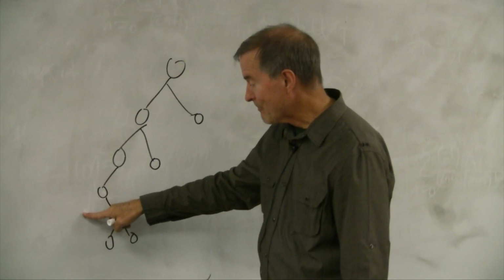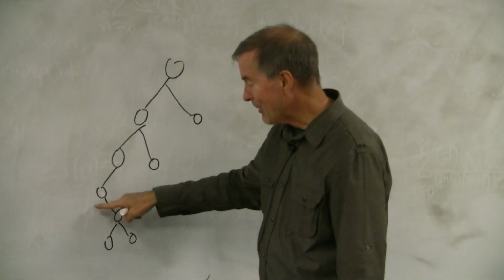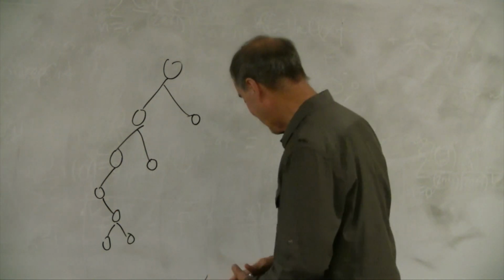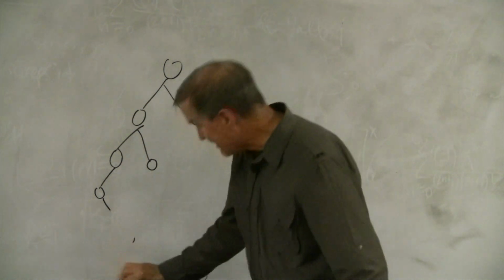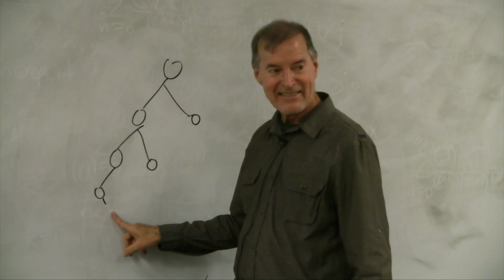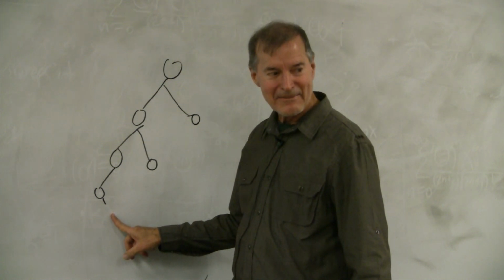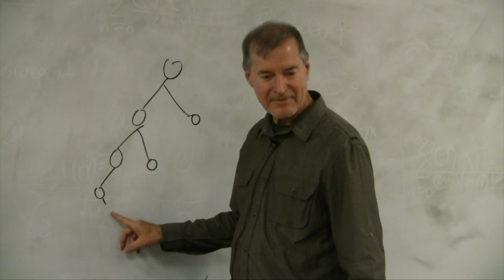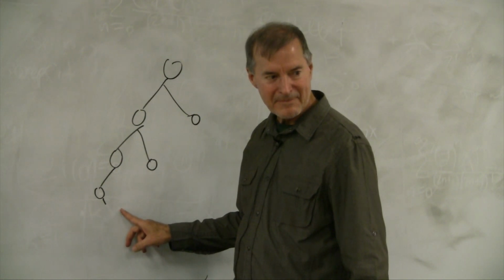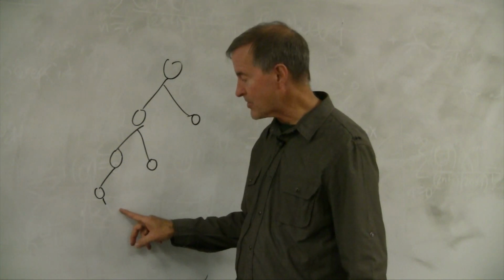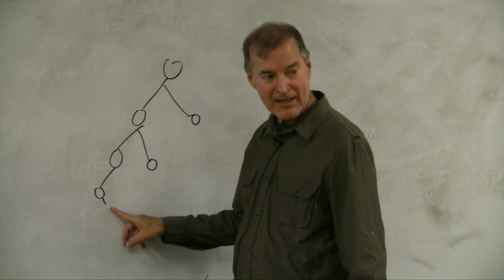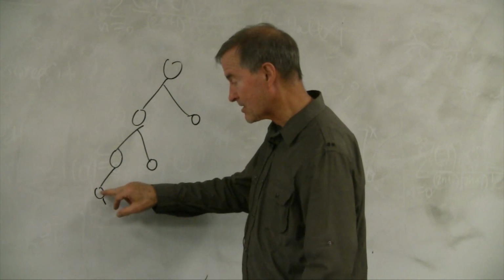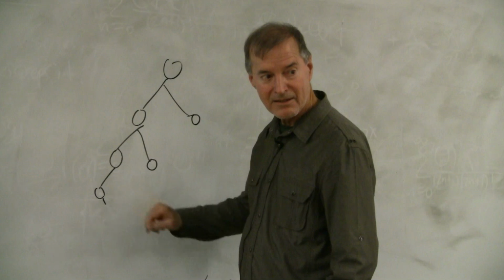But look, because this is a left-leaning tree, we know the right child cannot be red because the tree is left-leaning. But if the right child can't be red, that means it's got to be black. But if it's black, that won't work, because then this doesn't have a unique black height.